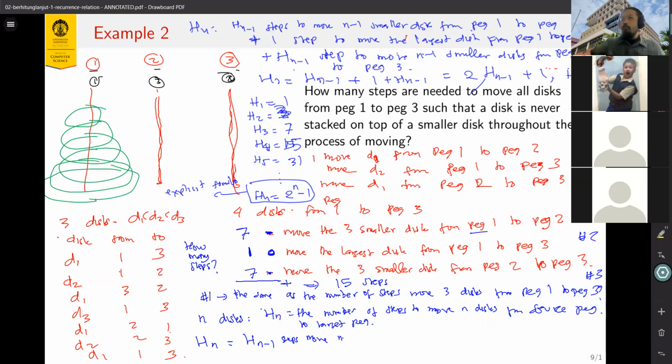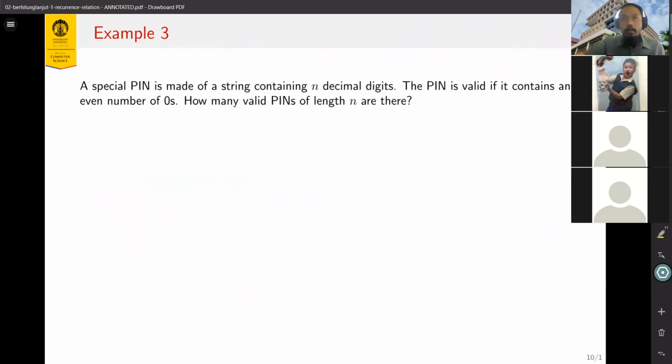Now in this chapter, our aim is, first, you're given a problem, try to model it as a recurrence relation, and then you are asked to solve that recurrence relation to get an explicit formula for that relation. So let's have another example here. Now, what about this one?